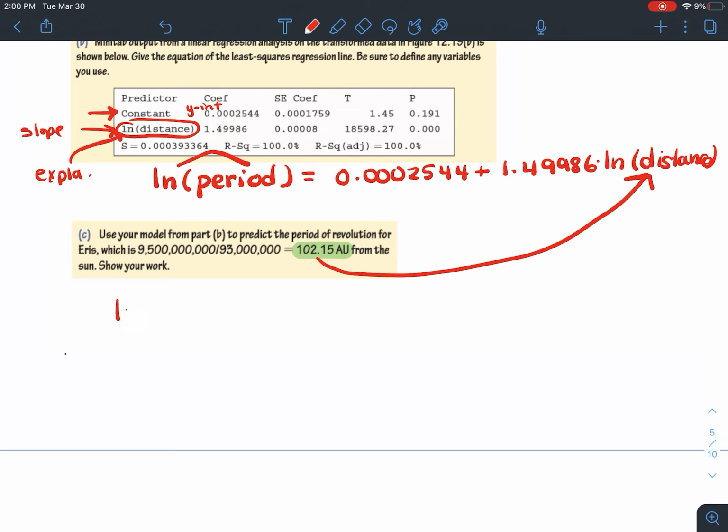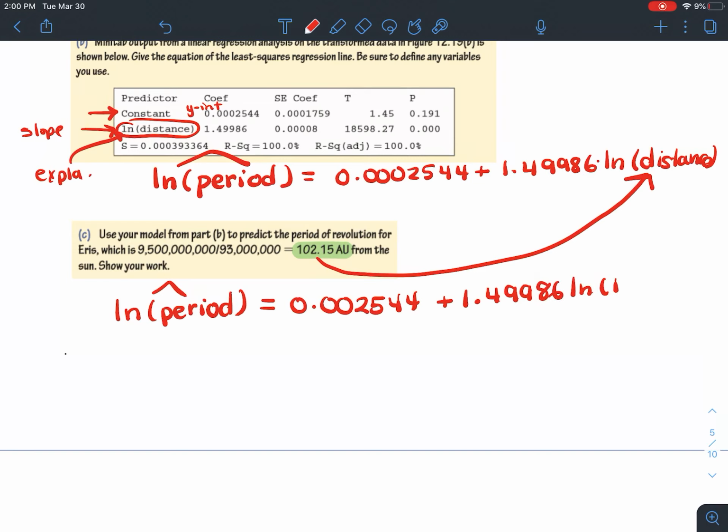It's asked us to show our work here, so we're trying to solve this for the period. We're going to plug in the number they gave us for the astronomical units, 102.15, for the distance. We're going to type all this right side into the calculator.